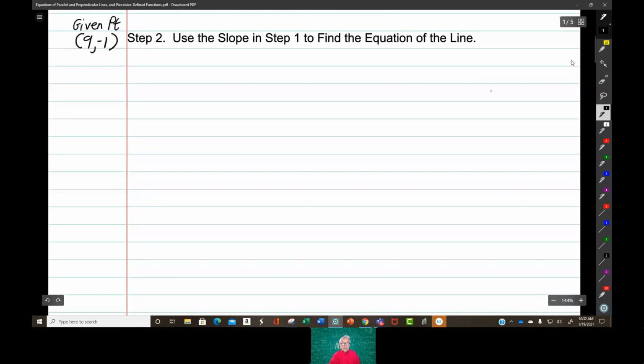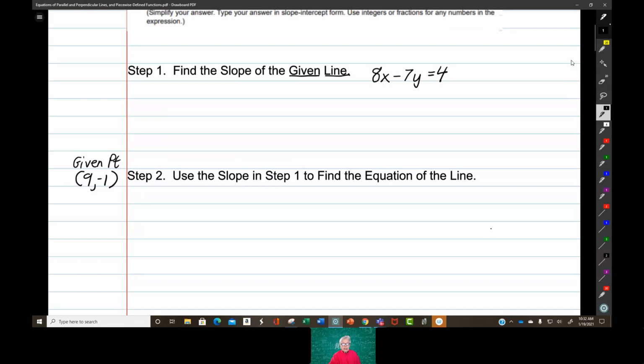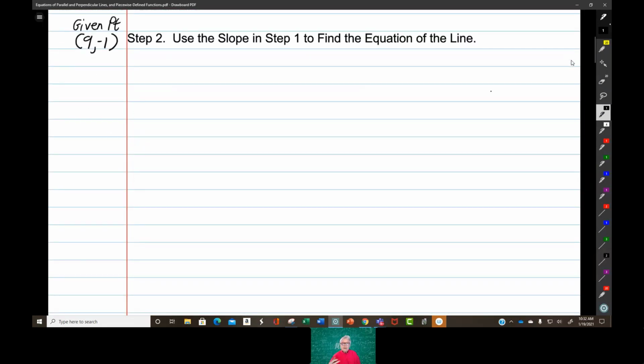Now here's what they're asking. They're saying find the equation of a line. So find the equation of another line. So I'm actually going to write the point slope formula.